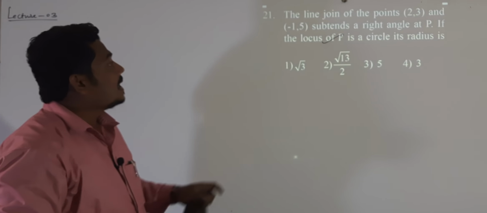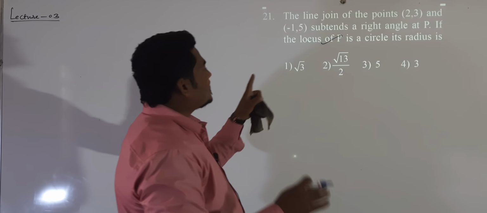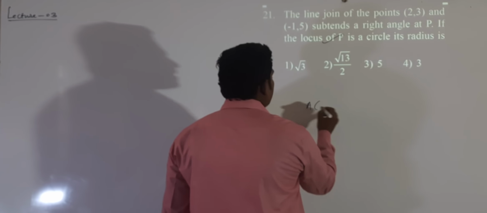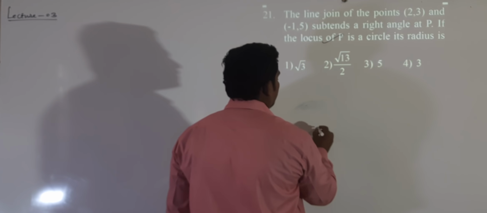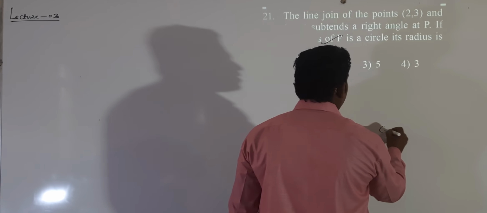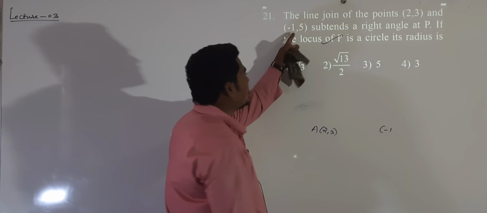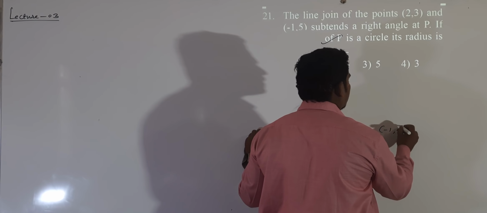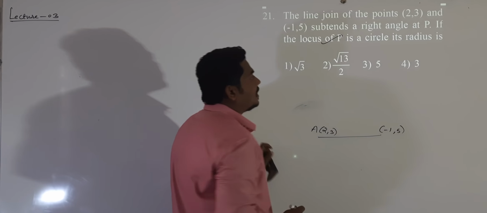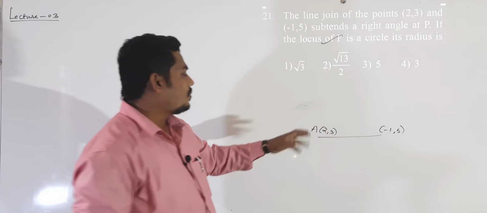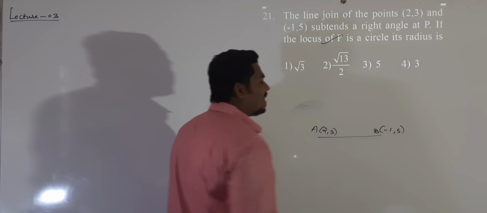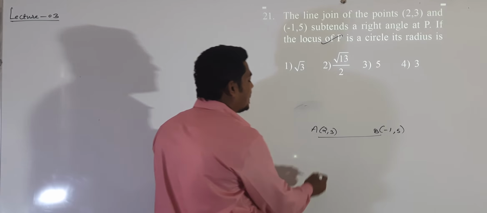Next, the line joining these 2 points subtends a right angle at point P. If I take the first point as A (2 comma 3) and one more point B (minus 1 comma 5), right? Line joining these 2 points. The lines joining A and P and B and P subtend a right angle.